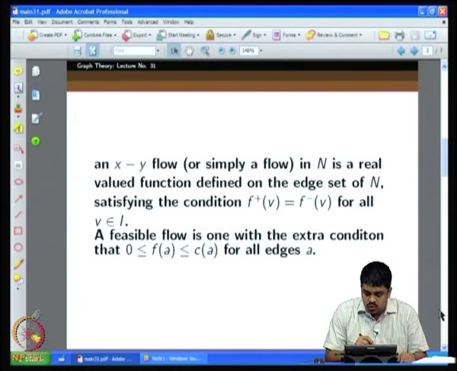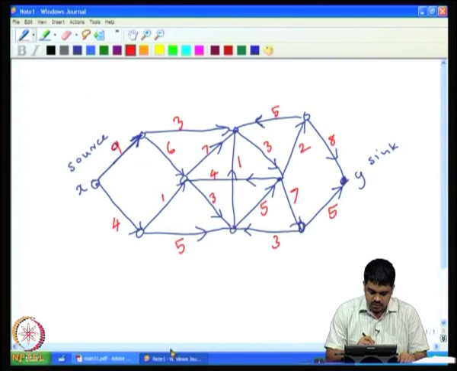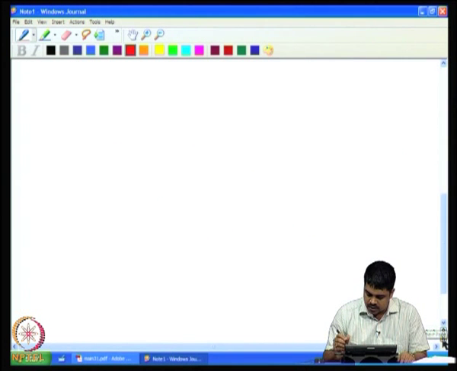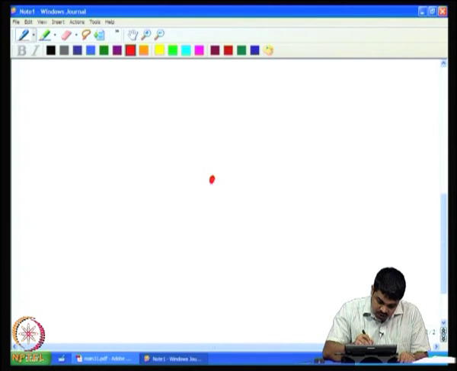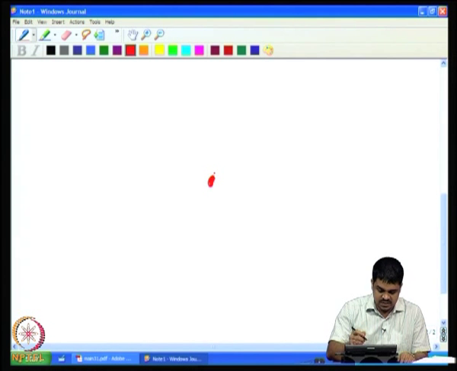The outgoing flow has to be equal to the incoming flow. What do I mean by that? So, for instance, if I consider a vertex here which is not x or y, x is source, y is sink, other than x and y the remaining vertices are called the intermediate vertices, right.